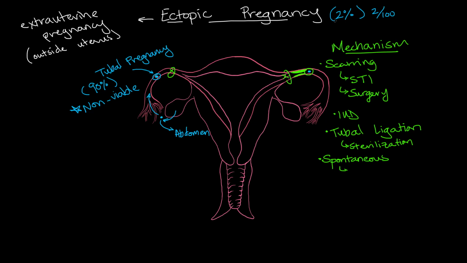So maybe genetic, maybe other causes as well. Some people just get ectopic pregnancies, and there's nothing really that can be done or even known in advance to stop it. Okay, so this is what ectopic pregnancies are and why they happen.